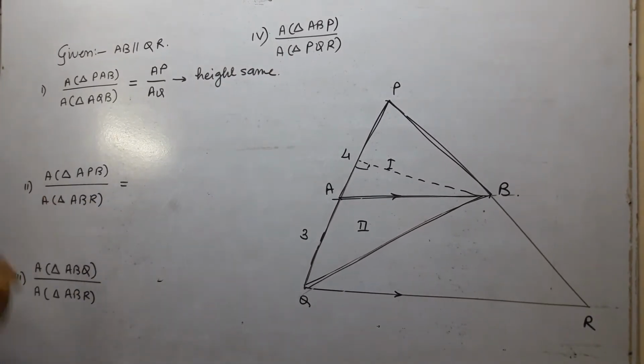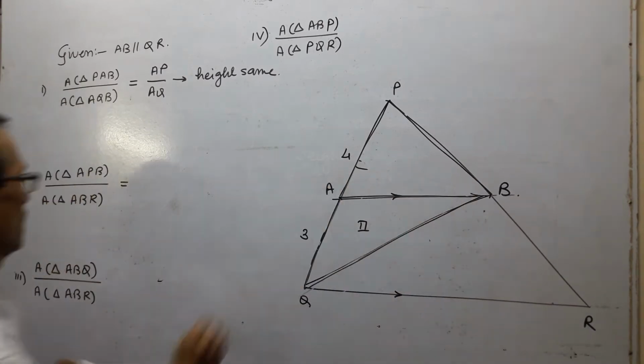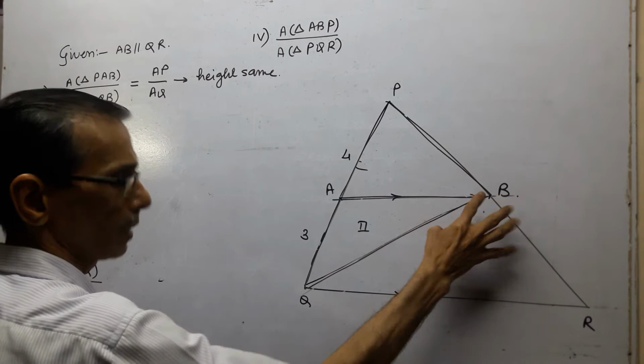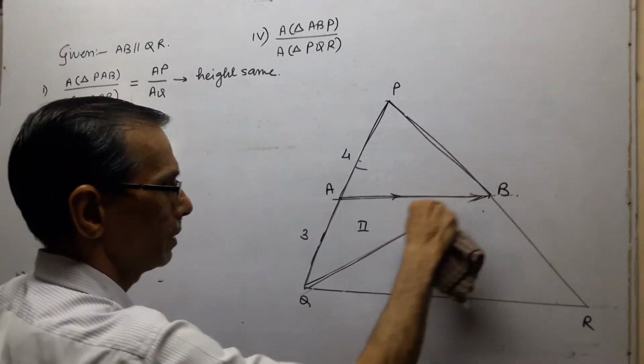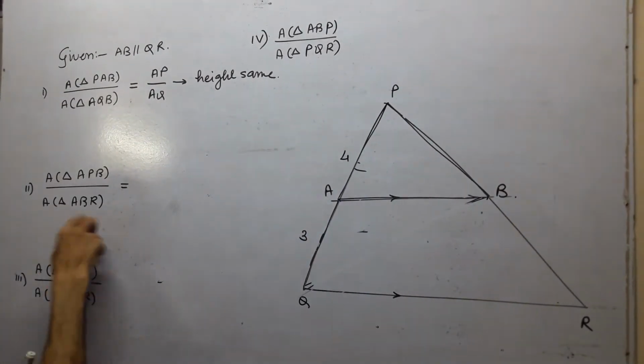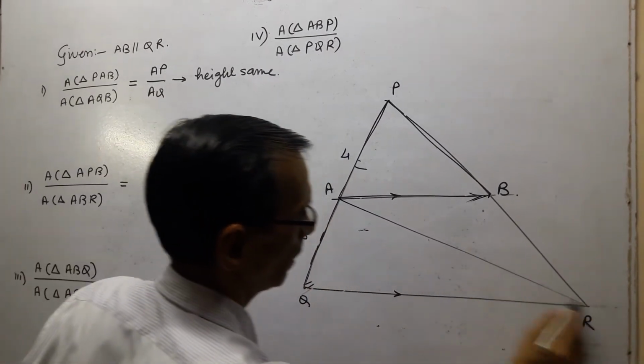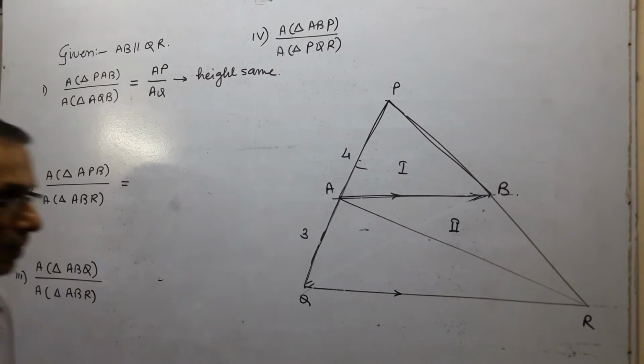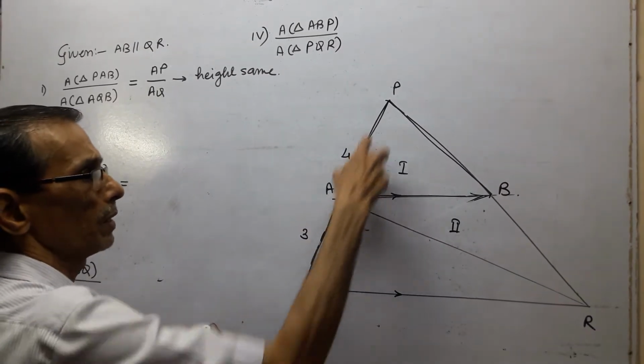But in this case, look here, again the same triangle ABP, but this time the second triangle is ABR. So first and second. Again A is a common vertex for both triangles.